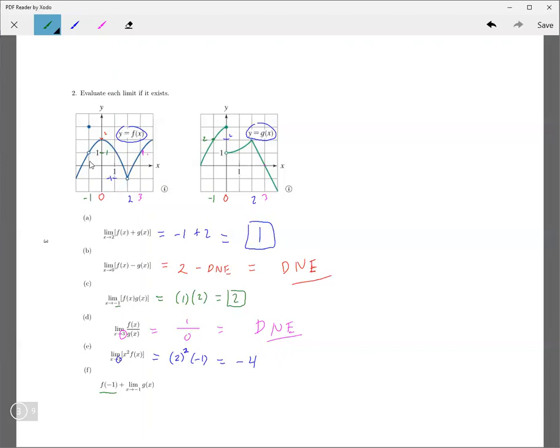Here's -1, and it's way up here. So f of -1 is actually 3 because it's up there. The limit as you approach -1 is going to be 1, because that's approaching this value here, this 1 here. Okay, the limit as x approaches -1 of g of x is going to be 2. That's +2. So that's going to be 5.